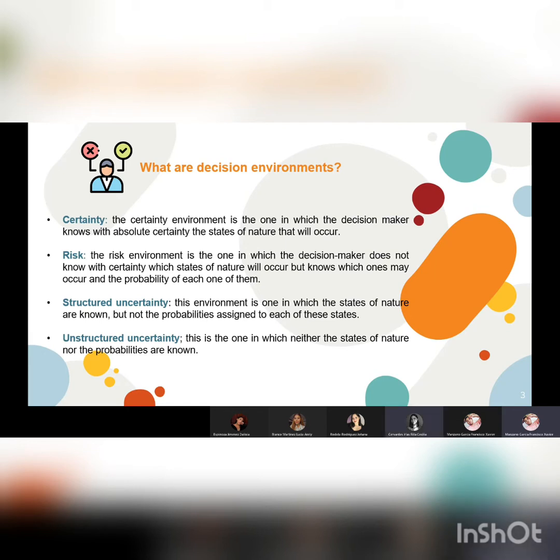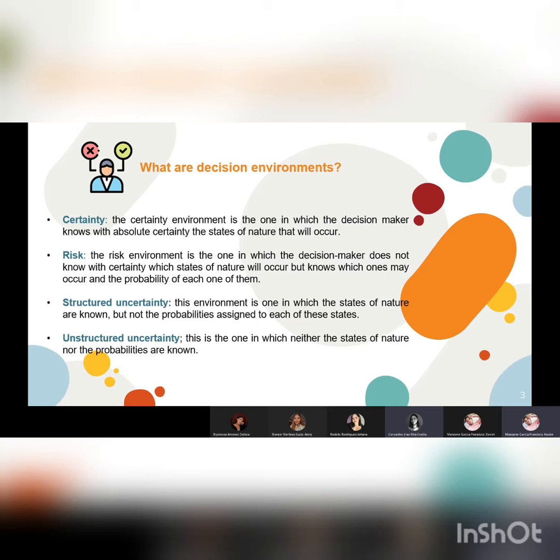What are decision environments? Certainty, the environment of certainty is one in which the decision maker knows with absolute certainty the states of nature that are going to occur. Risk.